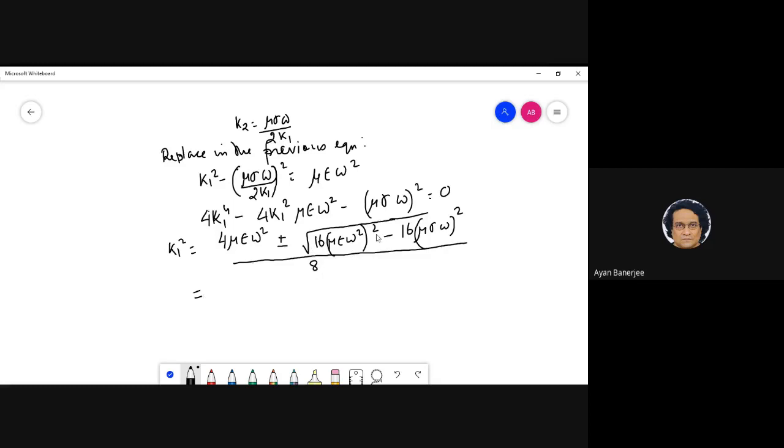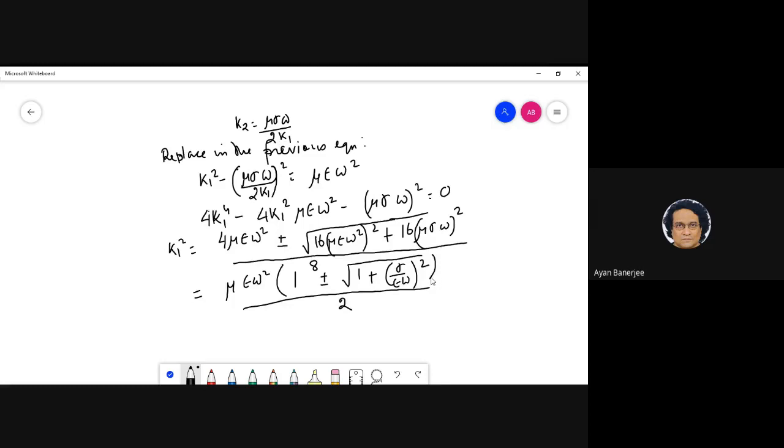If I now take common, the 4 will cancel. If I take mu epsilon whole square common, then I will have 1 plus minus root of 1 plus sigma by epsilon omega whole square, divided by 2.